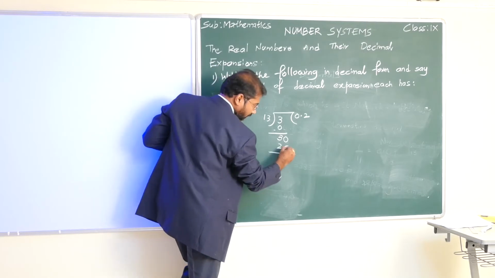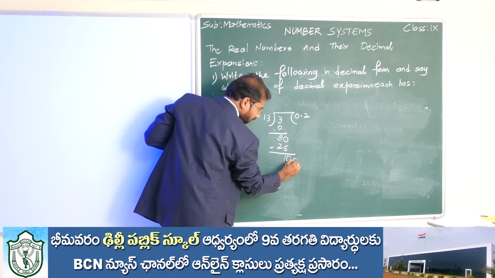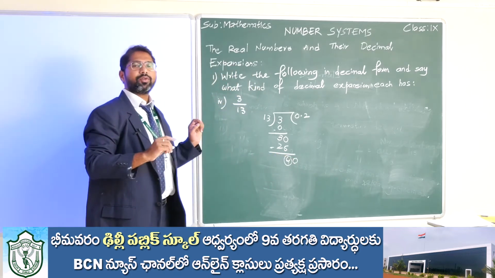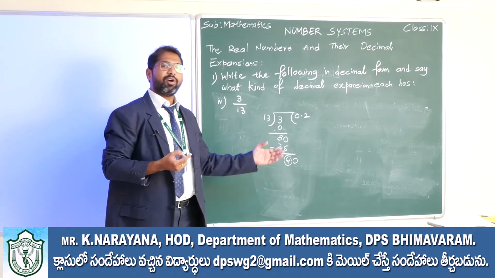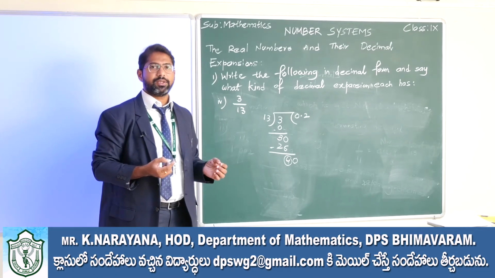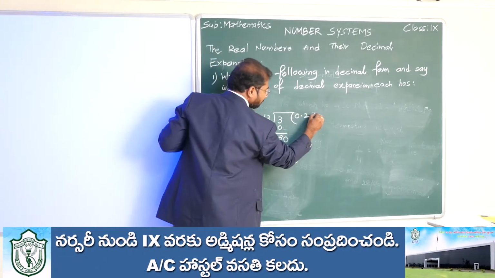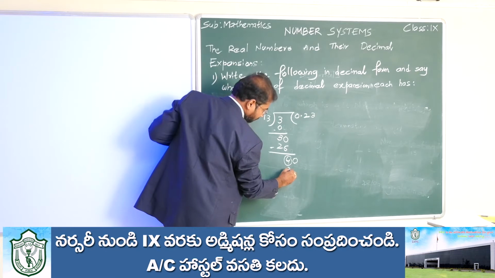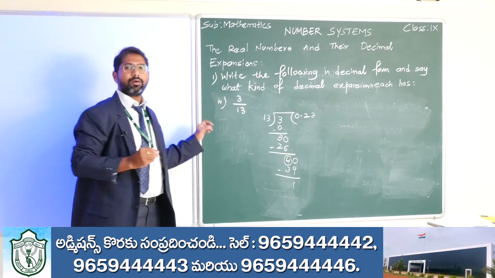Now the remainder is 4. I will add 0 to the right side of 4, then the new dividend becomes 40. 40 will not go exactly in 13 table, so I will take 13 3s are 39, and the remainder is 1.